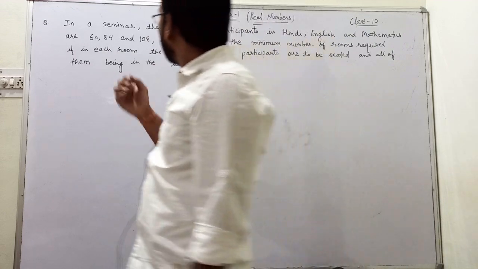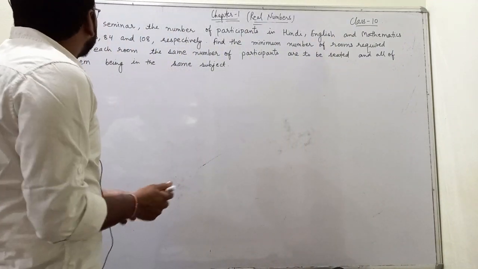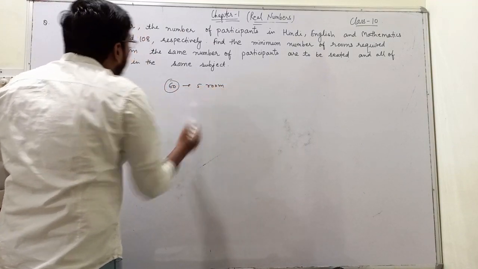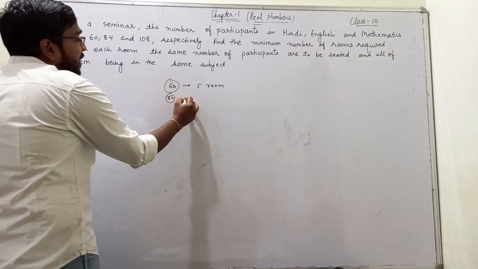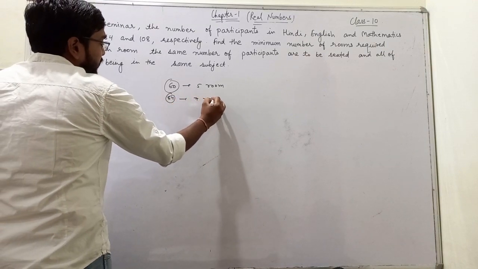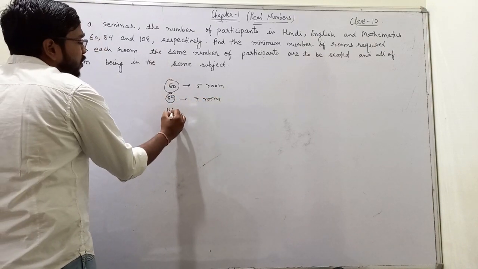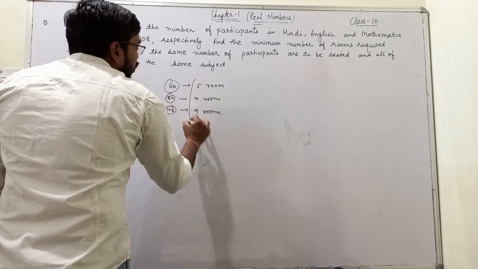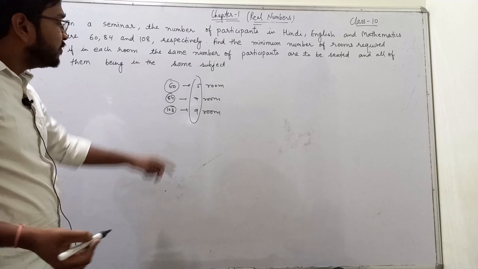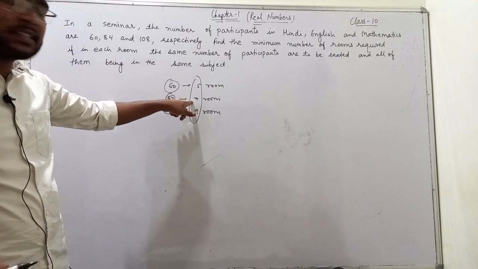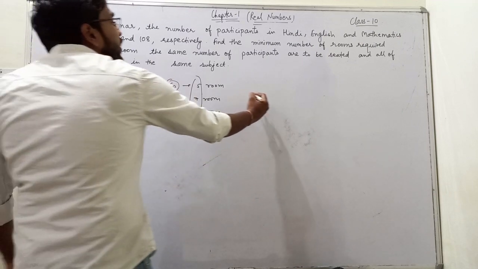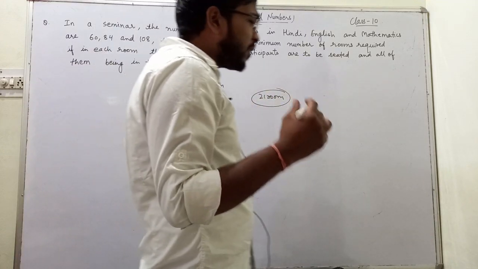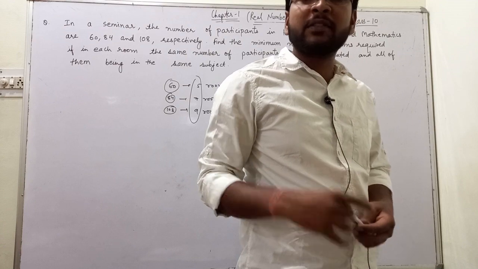If I make groups of 12 students, then these 60 students will be placed in 5 rooms, these 84 students in 7 rooms, and these 108 students in 9 rooms. In total, 9 plus 7 is 16, 16 plus 5 is 21. So we will need 21 rooms, and we will accommodate 12 students of each subject in a room.